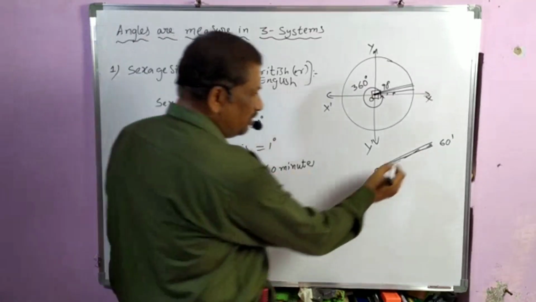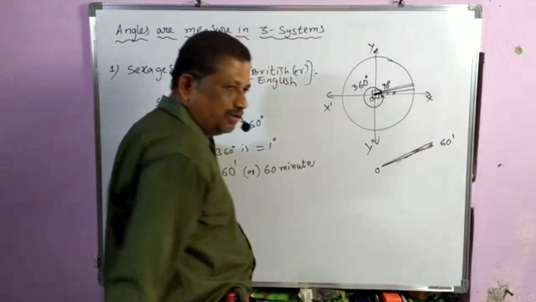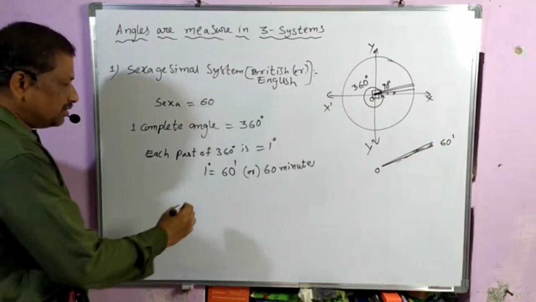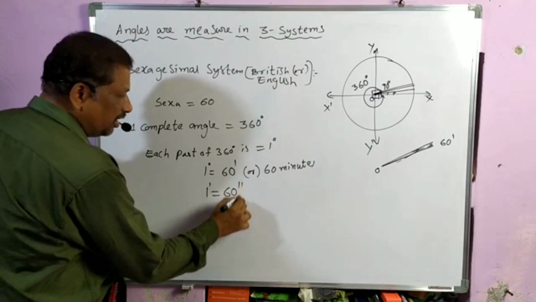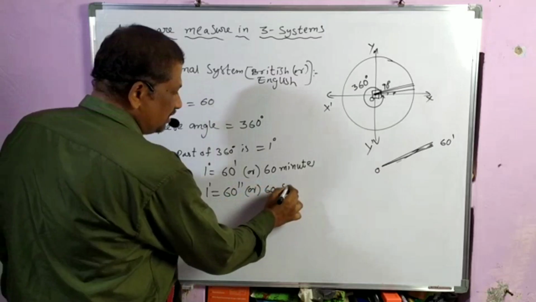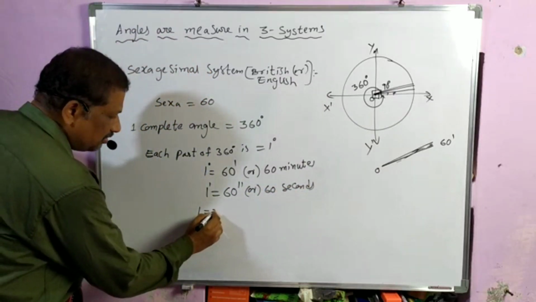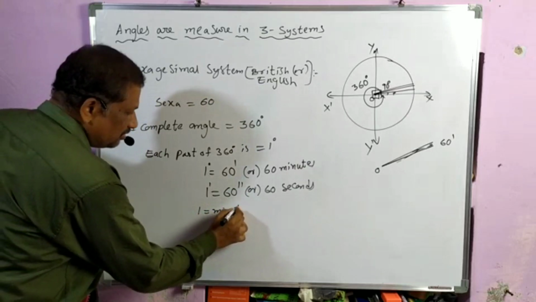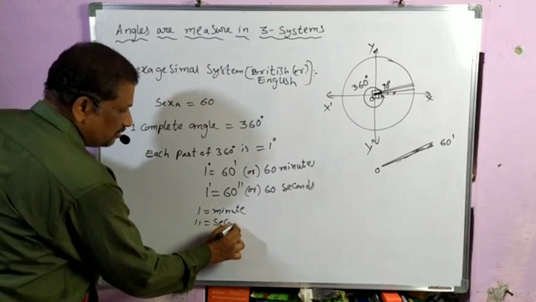Each minute is the 60th part of this degree. Each minute is further divided into 60 equal parts, and these are called seconds. So this single dash is called minute, and this double dash is called second.